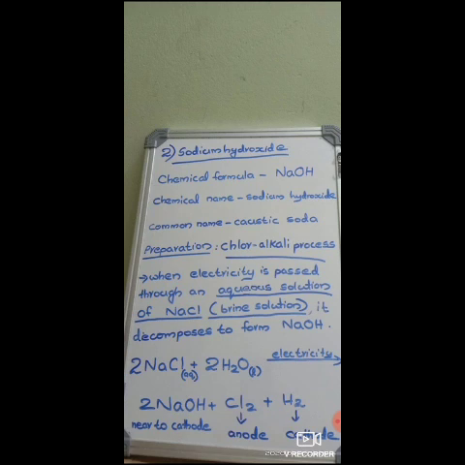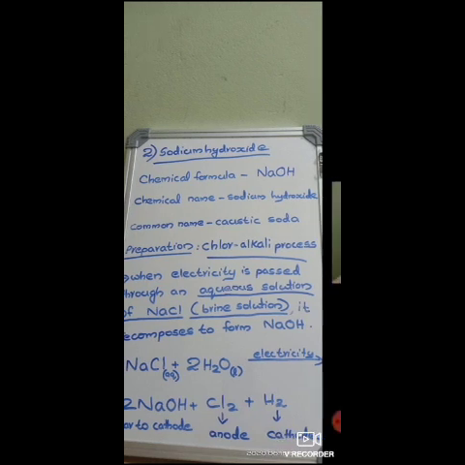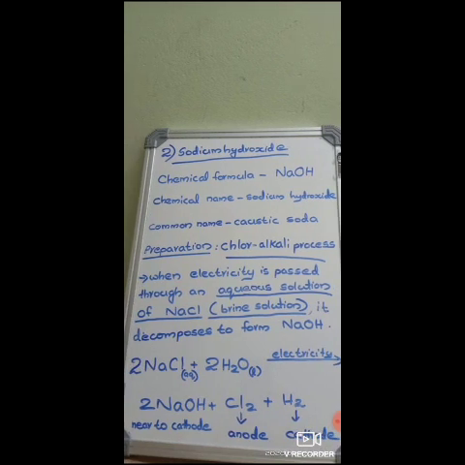When electricity is passed through an aqueous solution of NaCl, or brine solution, or seawater, it decomposes to form NaOH, or sodium hydroxide. The equation can be written in this form: 2NaCl plus 2H2O in the presence of electricity gives 2NaOH plus Cl2 plus H2.